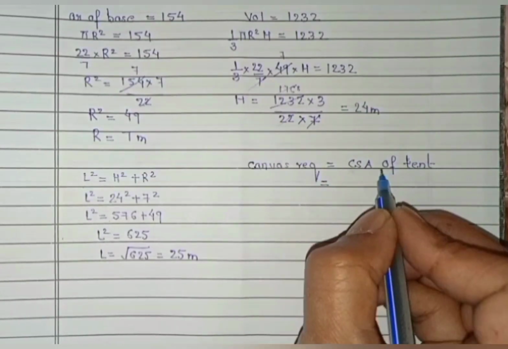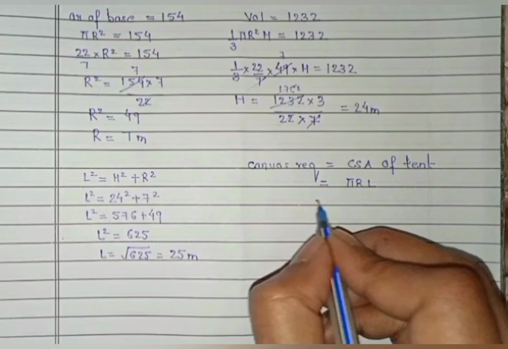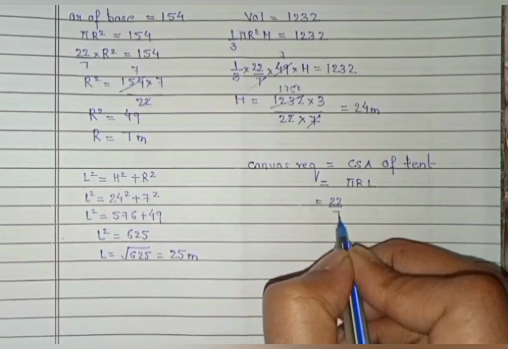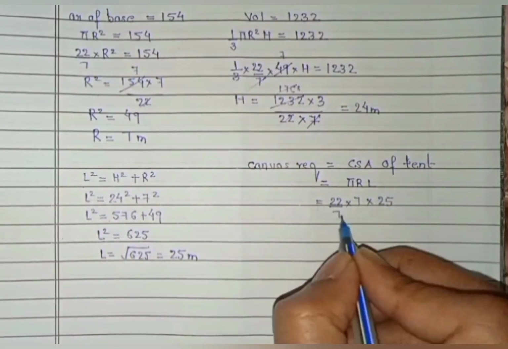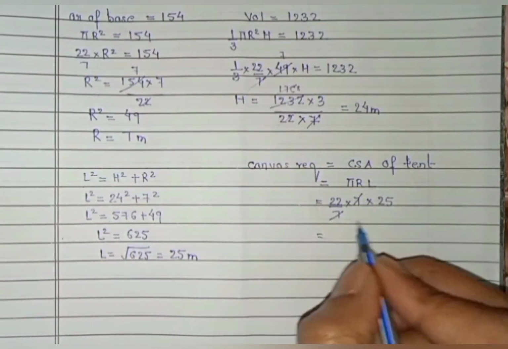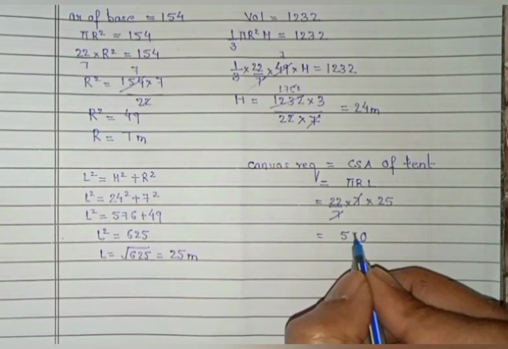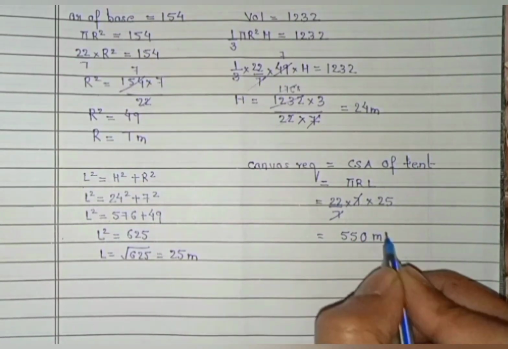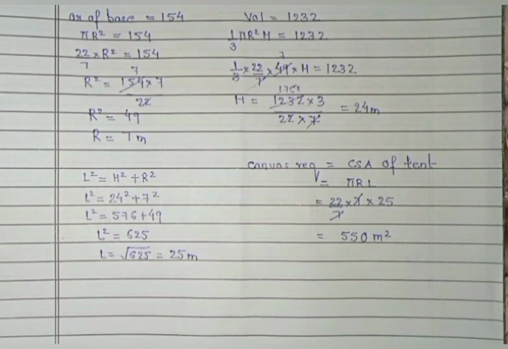So this is a conical tent, so curved surface area formula is pi r L. 22 by 7, radius is 7, slant height is 25. So you will be getting this 550 meter square. So we have calculated the canvas required.